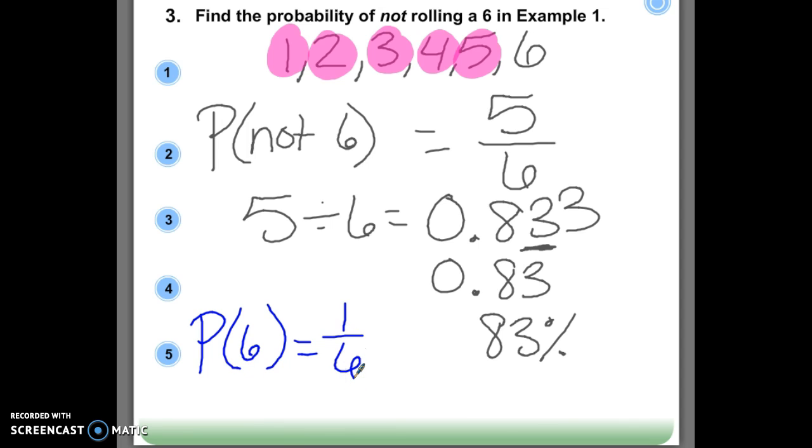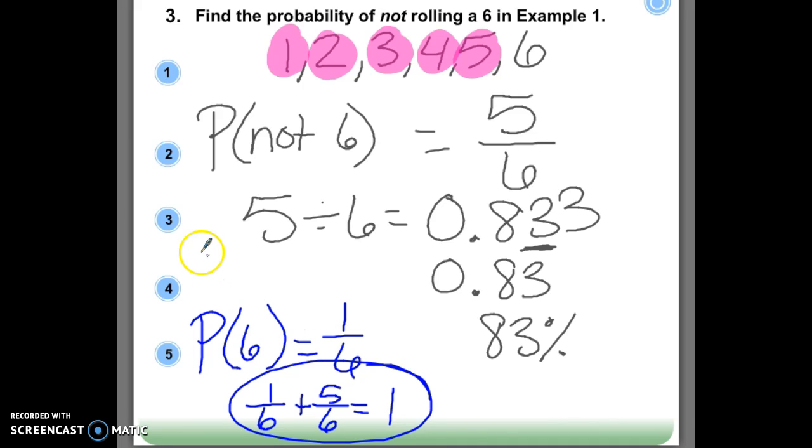So referring back to what a complementary event is, if I take the probability of rolling a 6, which is 1/6, plus the probability of not rolling a 6, which we found was 5/6, I should equal 1, which 1/6 plus 5/6 equals 1. I would like you to try Got It, E. Again, pause the video, try it on your own, and then play it back when you're ready to check.